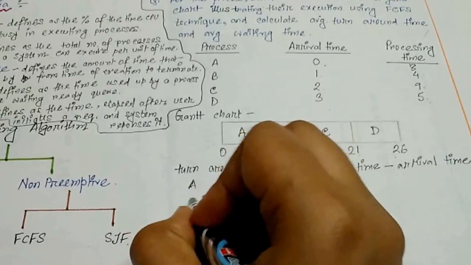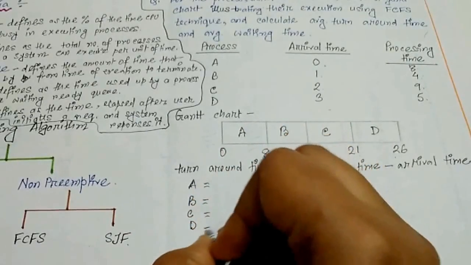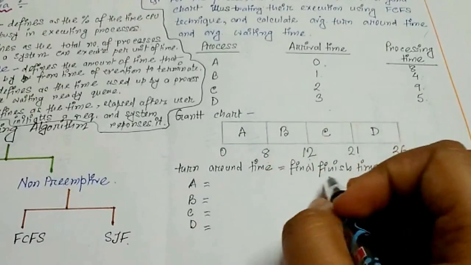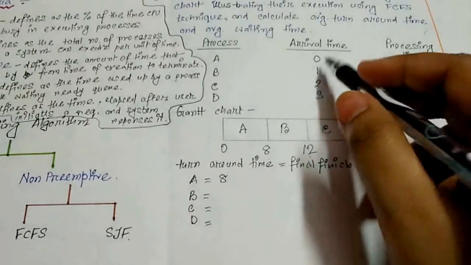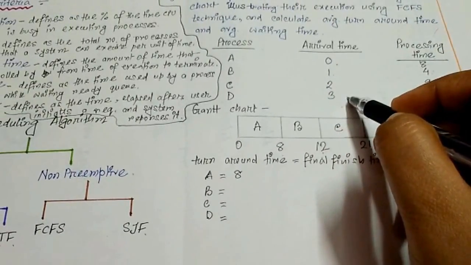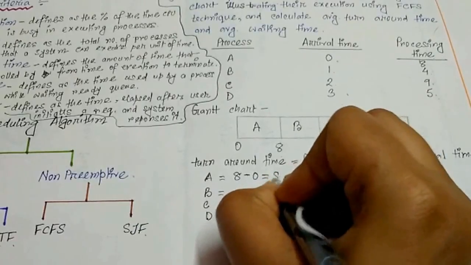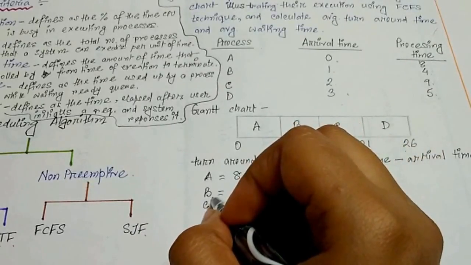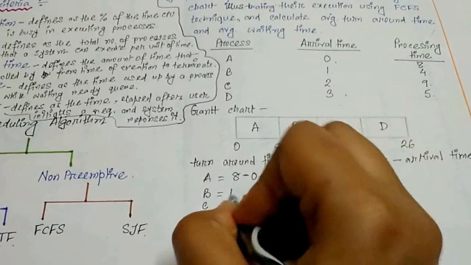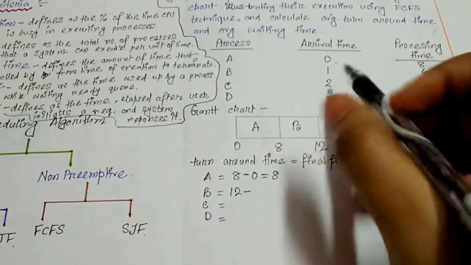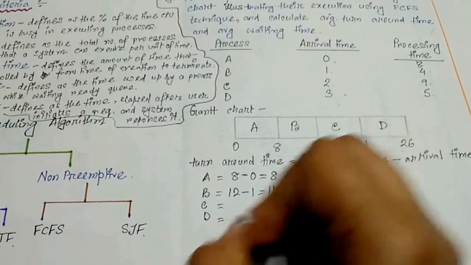So, I am writing the processes A, B, C, D. Final finish time of A is 8 and the arrival time is given in the question. 8 minus 0 equals 8. Final finish time of B is 12 and the arrival time is 1, that is 11.